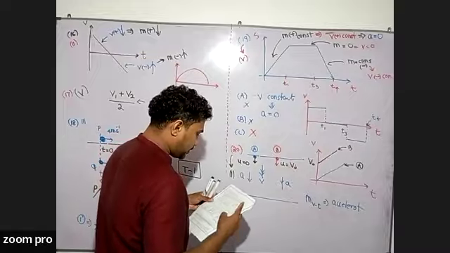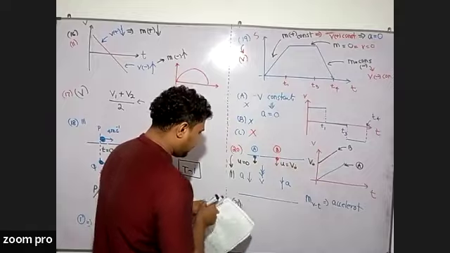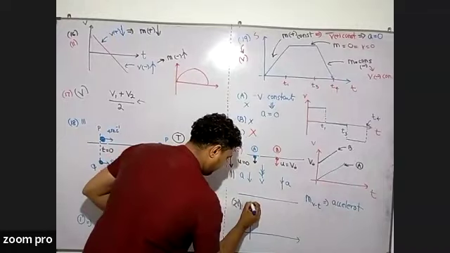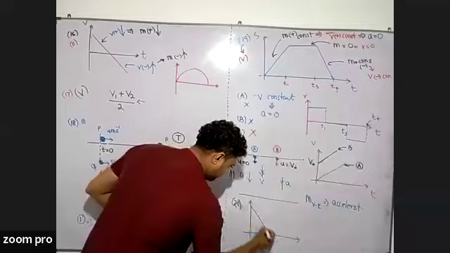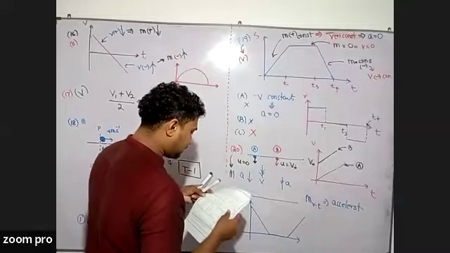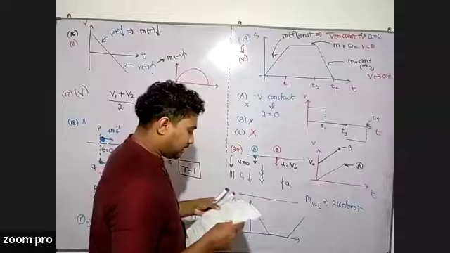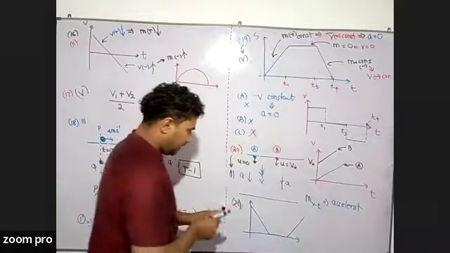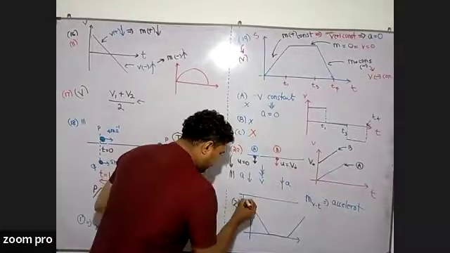In the 21st question, you are given a velocity time graph. Now the question is asking to draw the relevant displacement time graph, right? Okay, let's clarify this graph.